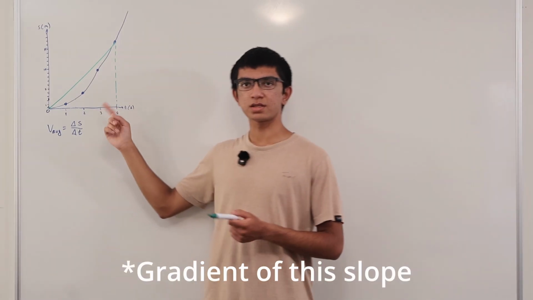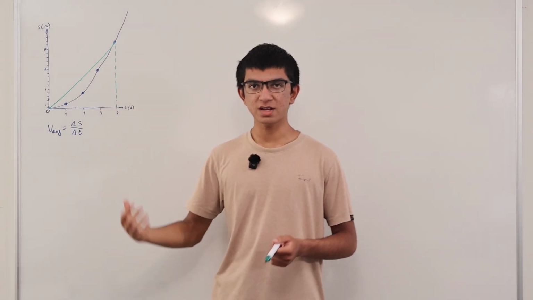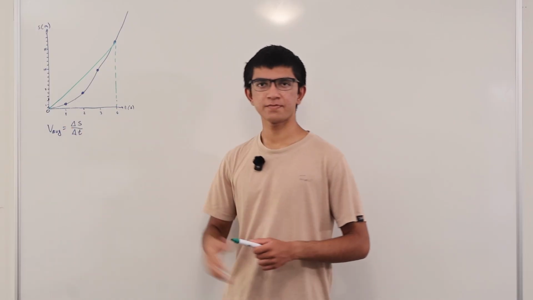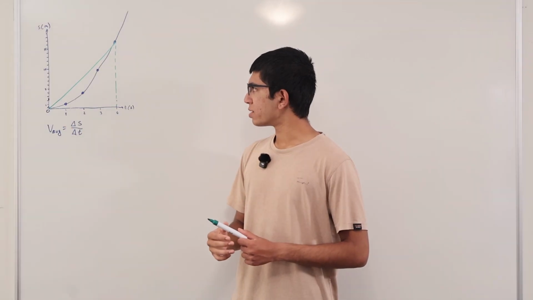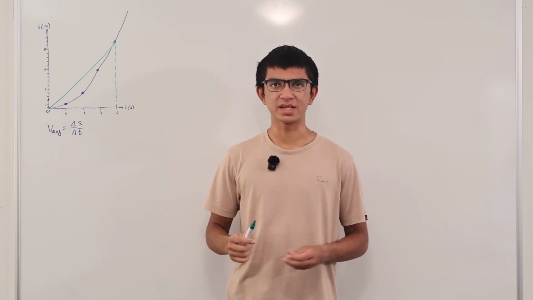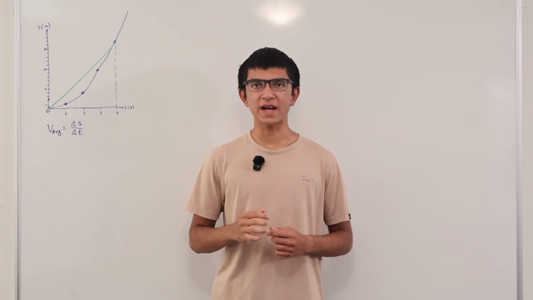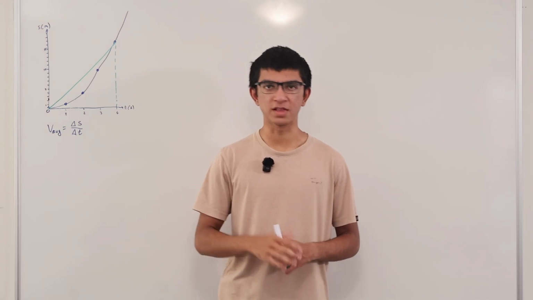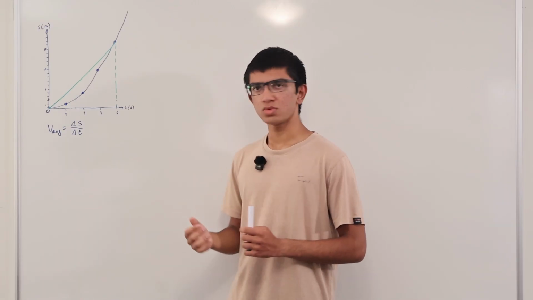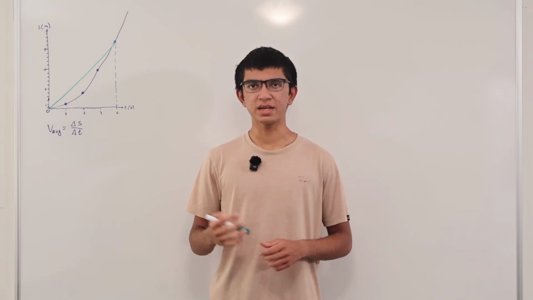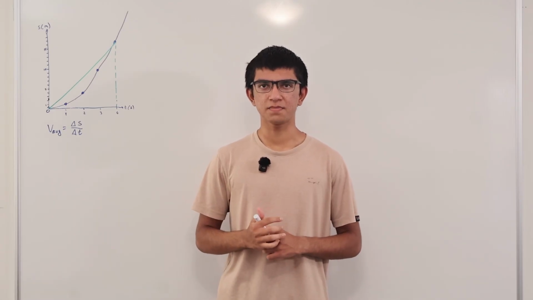The value of this slope would be my average velocity over 4 seconds. But I need the instantaneous velocity because SUVAT, as you know, needs precise values for velocities, my initial and final velocity and so on. So how can we get my instantaneous velocity?